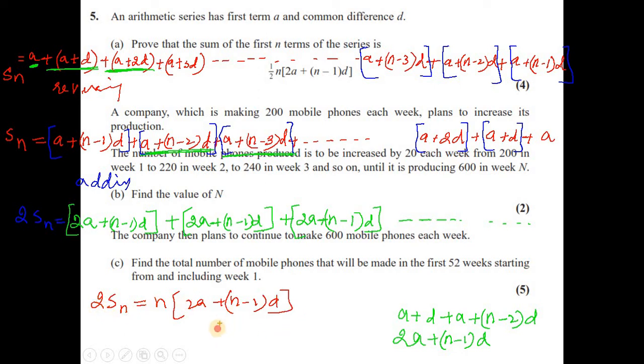So Sn would be equal to n by 2 times 2a plus n minus 1 into d. This is your required proof. This is the sum of n terms for an arithmetic series.